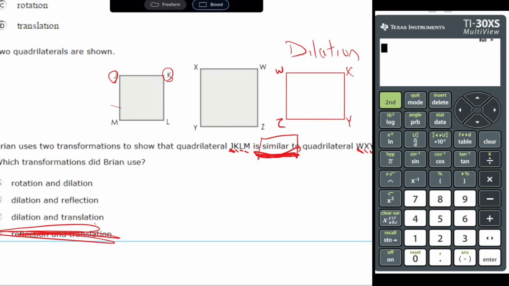It would still be W in the top left, X in the top right, Y in the bottom right, Z in the bottom left. Does that happen in this shape? No. W is now in the top right. So, it's not translation.